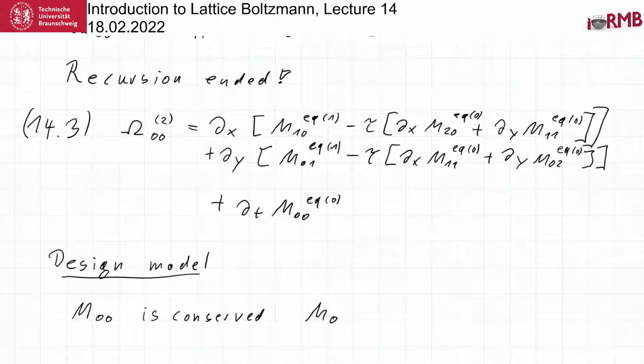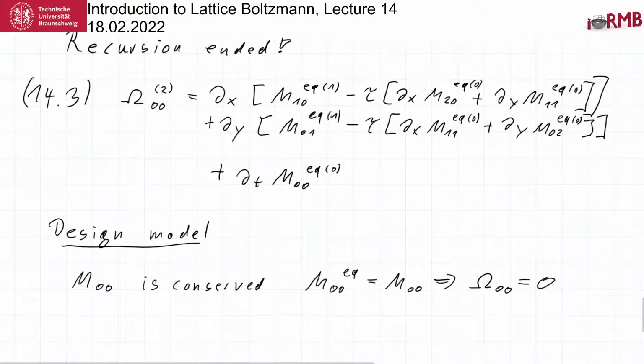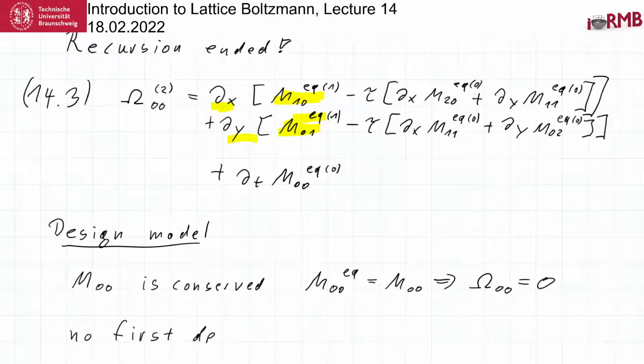So m00 equilibrium is equal to m00, and this means that omega 00 at any order is equal to 0. Then in our diffusion equation, we have no first derivative. We observe that we get some first derivatives in this equation, but we don't have them in our target equation. So we simply set these guys that we don't want to 0.